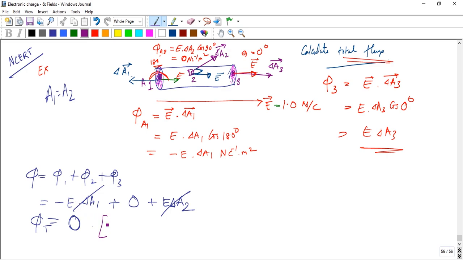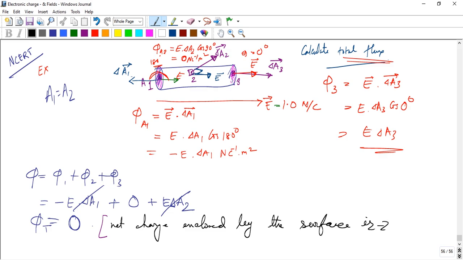So there is no net charge enclosed by the surface. Suppose there is a 5 coulomb positive charge and also a 5 coulomb negative charge; adding these two charges, the net charge will be 0.